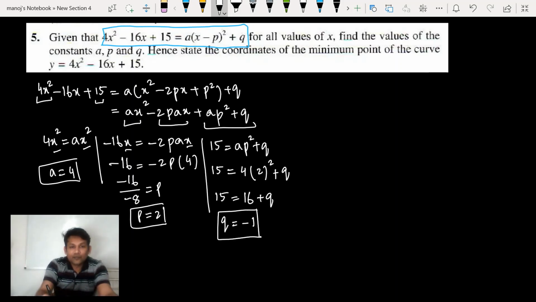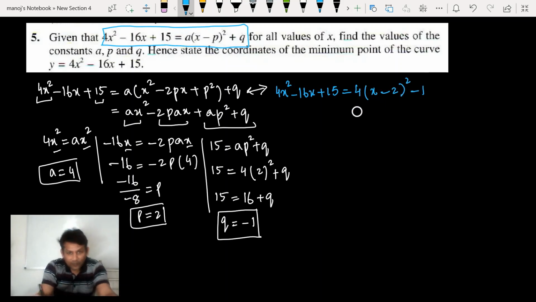Okay, it means when I put all the values in here, your equation will be 4x square minus 16x plus 15 is becoming a, which is 4, bracket open, x minus p, which is 2, square, and this is minus 1, and we have converted.